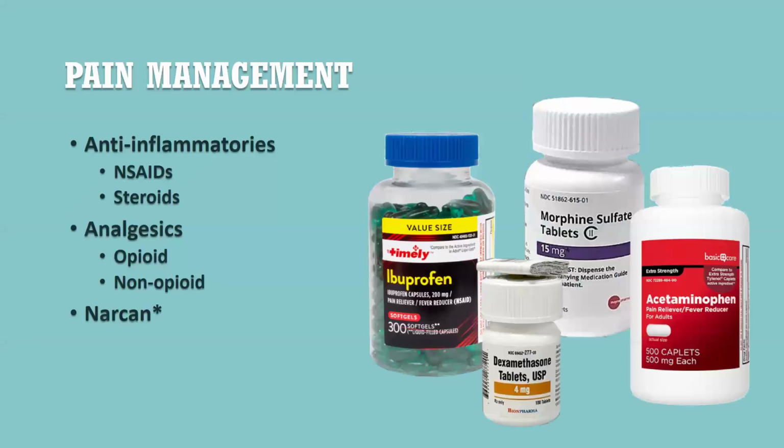So there are different types of PRN pain medications. The first group that I want to talk about are the anti-inflammatories, and those are your NSAIDs and your steroids. Typically, steroids aren't used as a PRN.